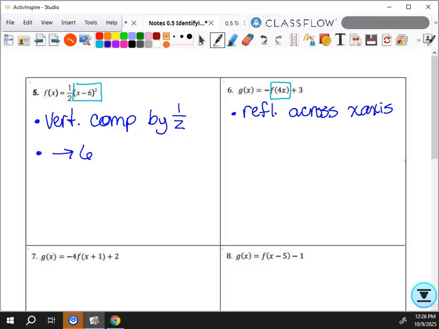Then I get to the 4. Inside and being multiplied, so that makes it a horizontal compression by 1/4. Very good. Okay. And then the 3 means we do what? Up 3.